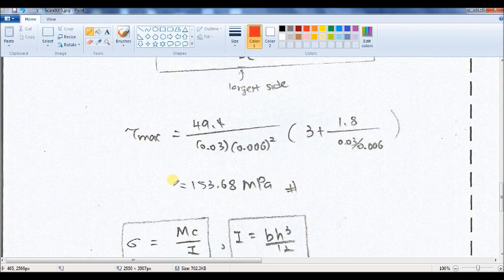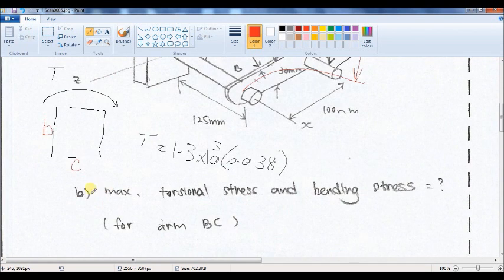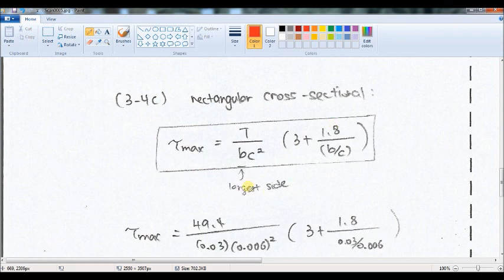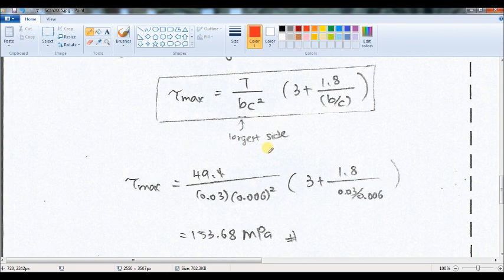So you can find that the maximum shear stress is 153 megapascal. The location of this maximum shear stress due to the torsion is at the middle of this longest side. So here is the location of maximum shear stress, here and here. Always maximum values are important for us.